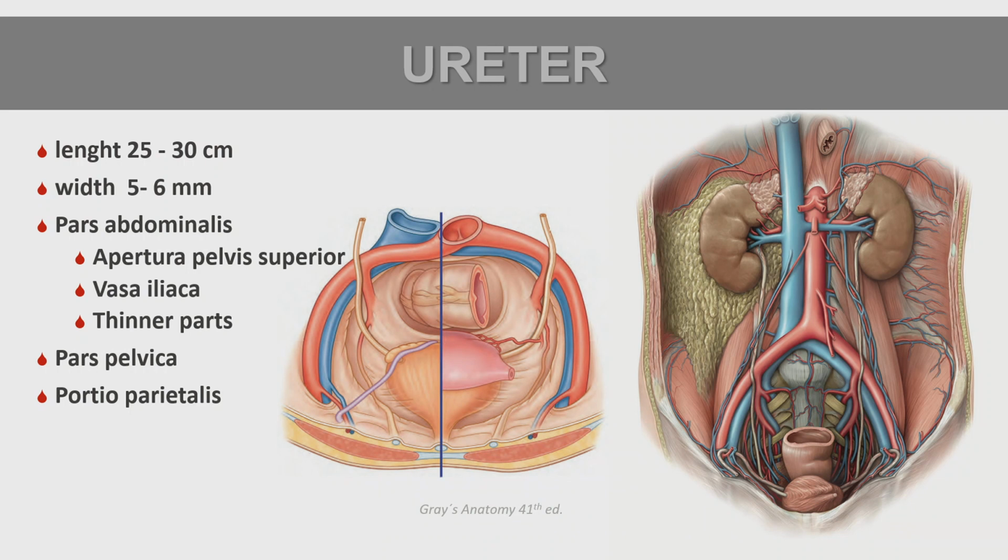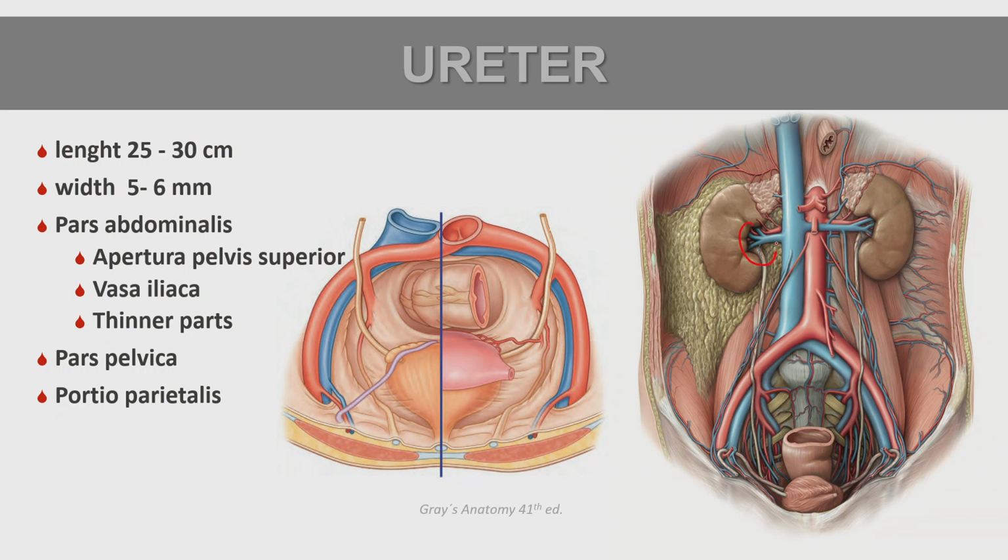From the pelvis is the origin of the ureter. It is a tubular structure which has a length of about 30 centimeters and a width of 5 to 6 millimeters, so very thin. It has 3 parts. One is abdominal.